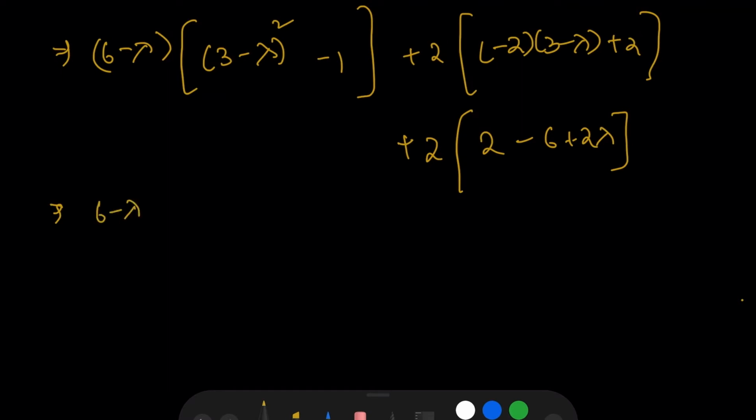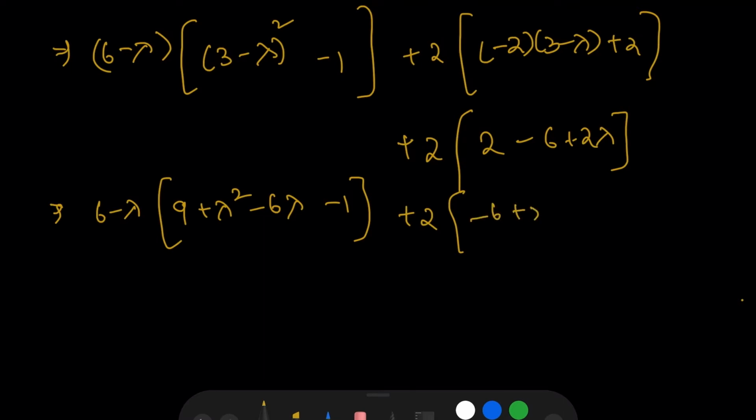So 6 minus lambda into, expanding this, 9 plus lambda square minus 6 lambda minus 1, plus 2 into, this will be negative 6 plus 2 lambda plus 2 into 2 minus 6, that is minus 4 plus 2 lambda, right?